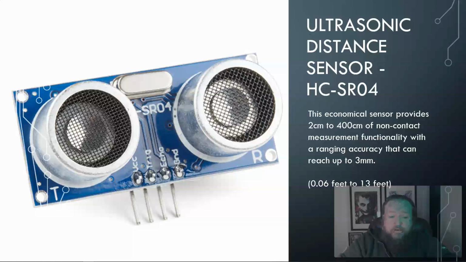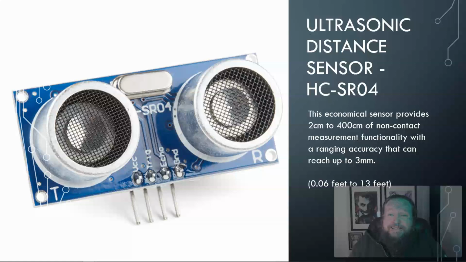So it's an economical sensor that provides non-contact measurement from 2 centimeters to 400 centimeters away, so that when you communicate to it, you can ask for a signal back and determine the distance of something in front of it. Not all objects, but something that's bouncing the sound back. You can think of it as two parts: one is a transmitter, one's a receiver.